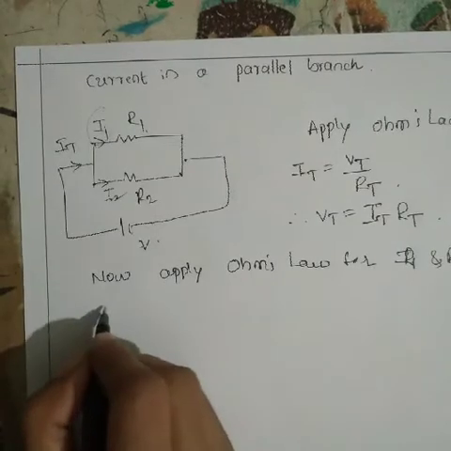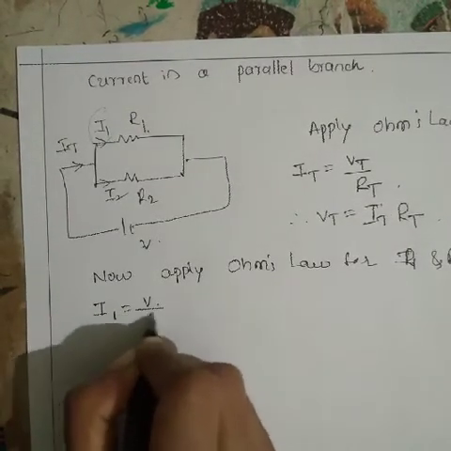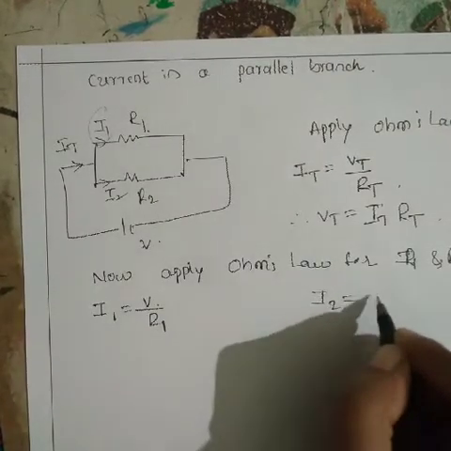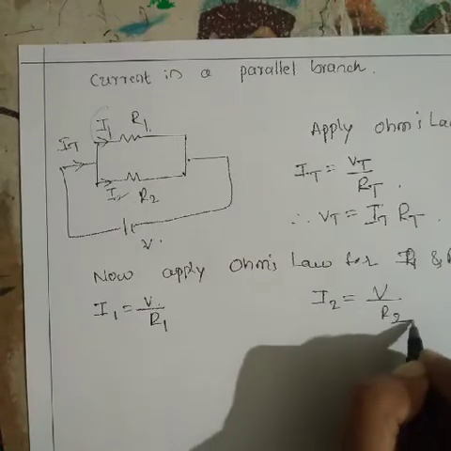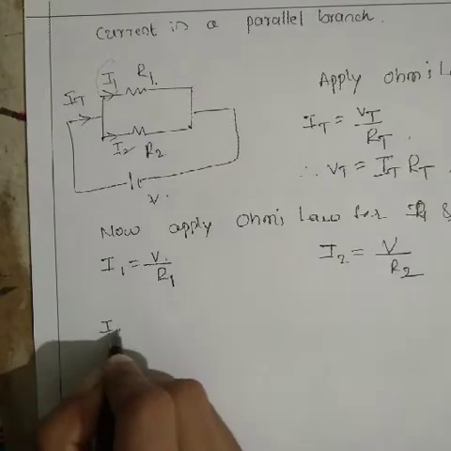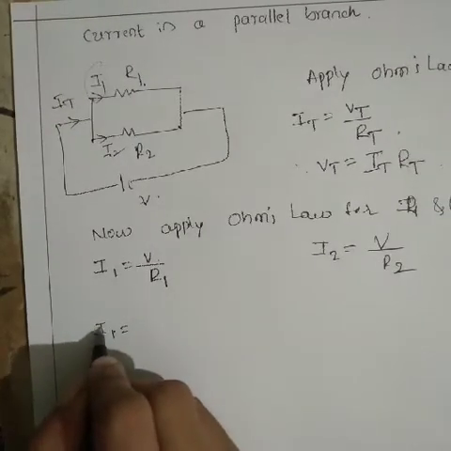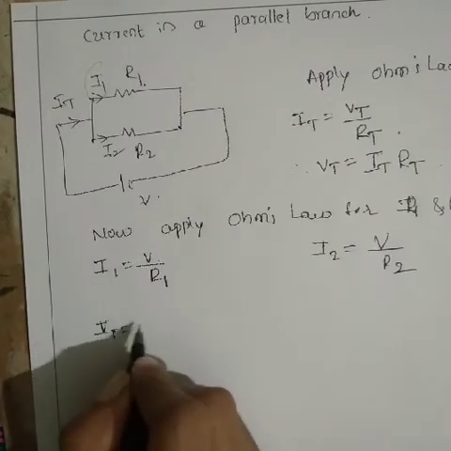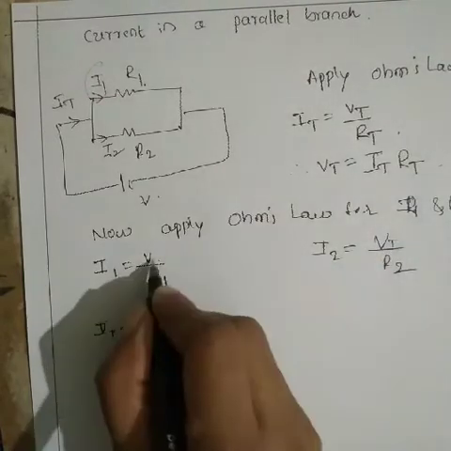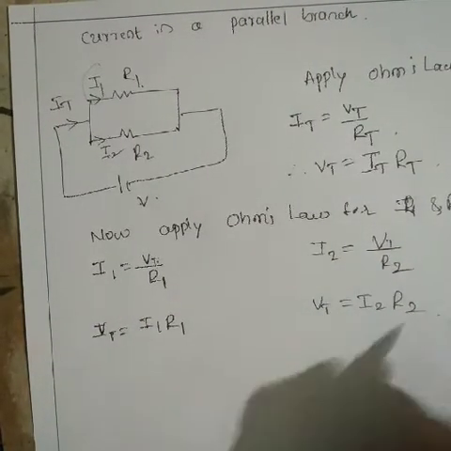Therefore I1 is equal to V by R1, I2 is equal to V by R2. Therefore V total is equal to I1 into R1, and V total is equal to I2 into R2.